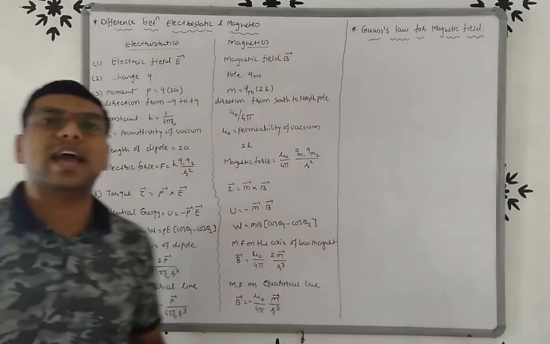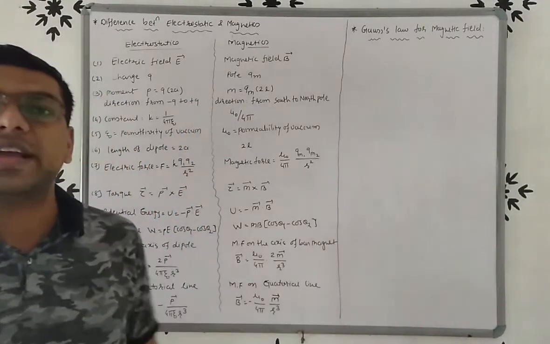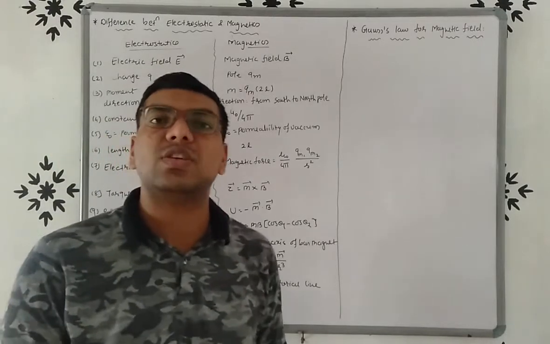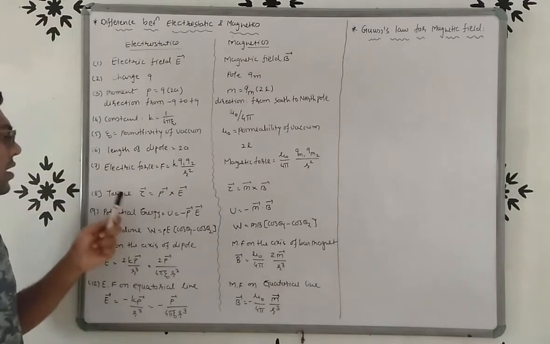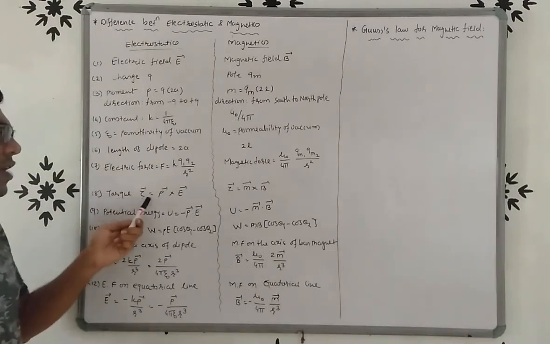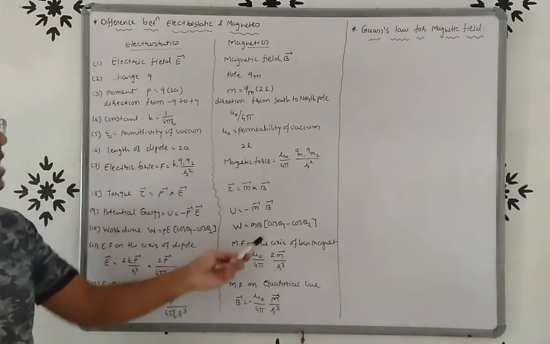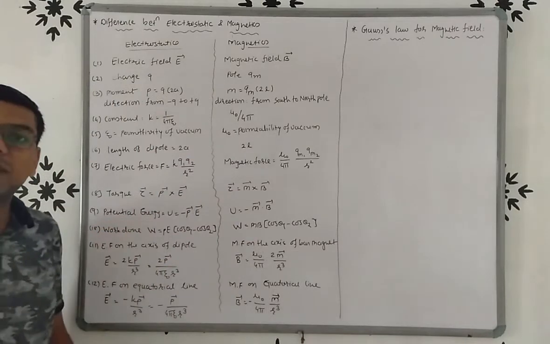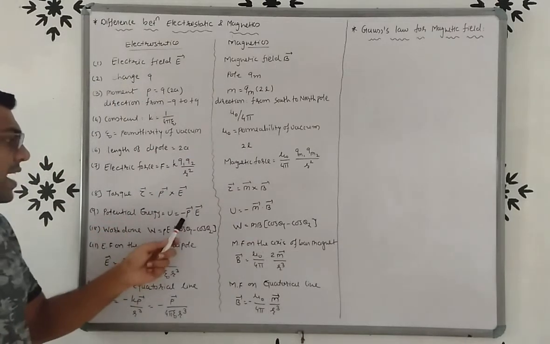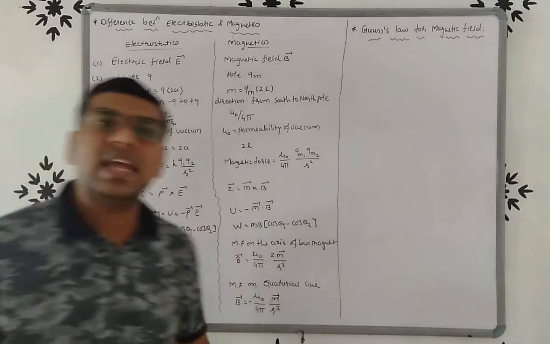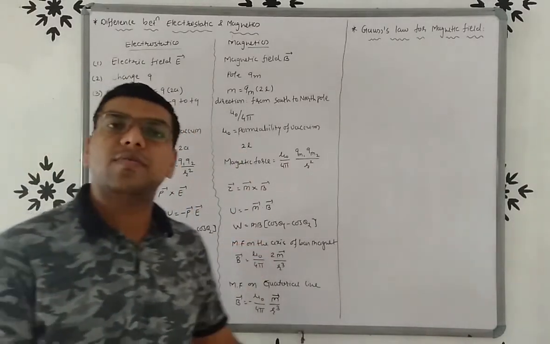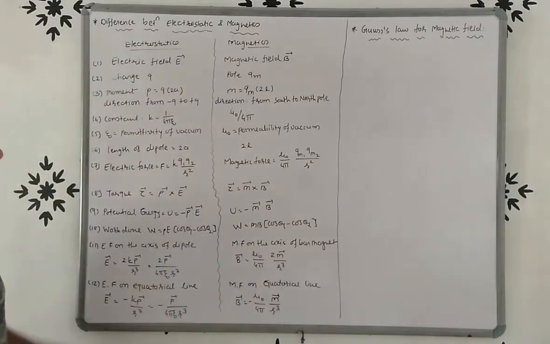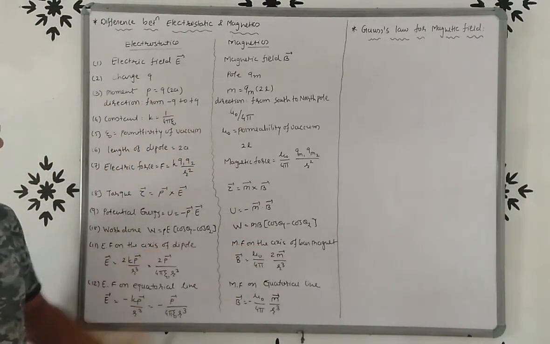Electric force F equals k Q1 Q2 upon r square. Magnetic force mu 0 by 4 pi Qm1 Qm2 by r square. In electrostatics, torque tau equals P cross E. In magnetics, m cross B. Potential energy minus vector P dot E. In magnetics, minus vector m dot vector B. Work done pE (cos theta 1 minus cos theta 2).